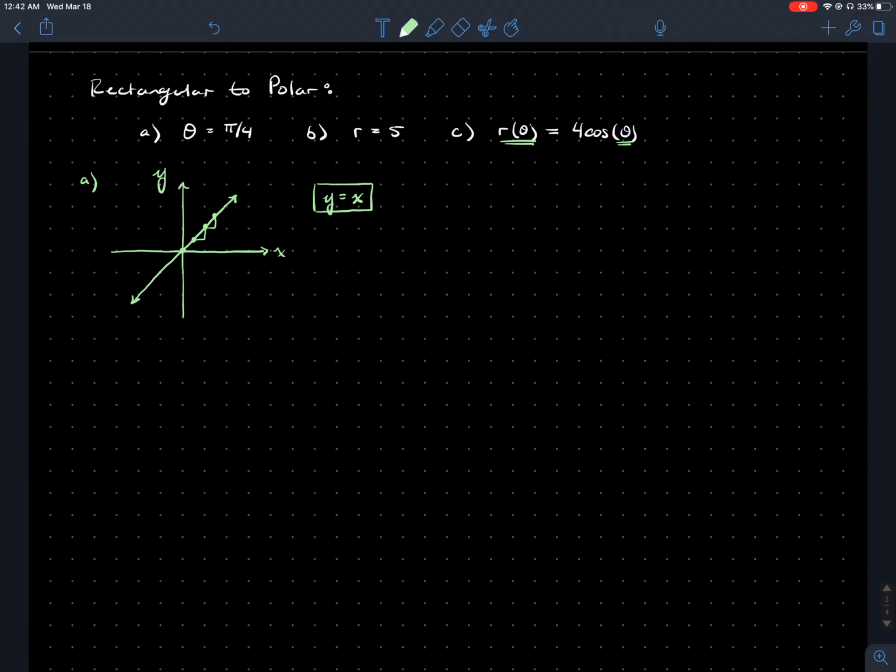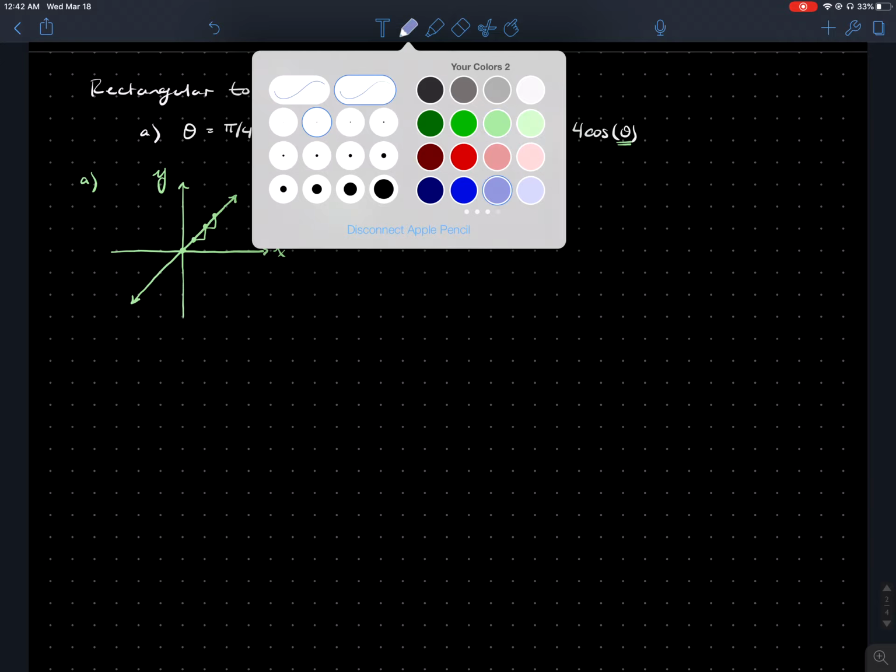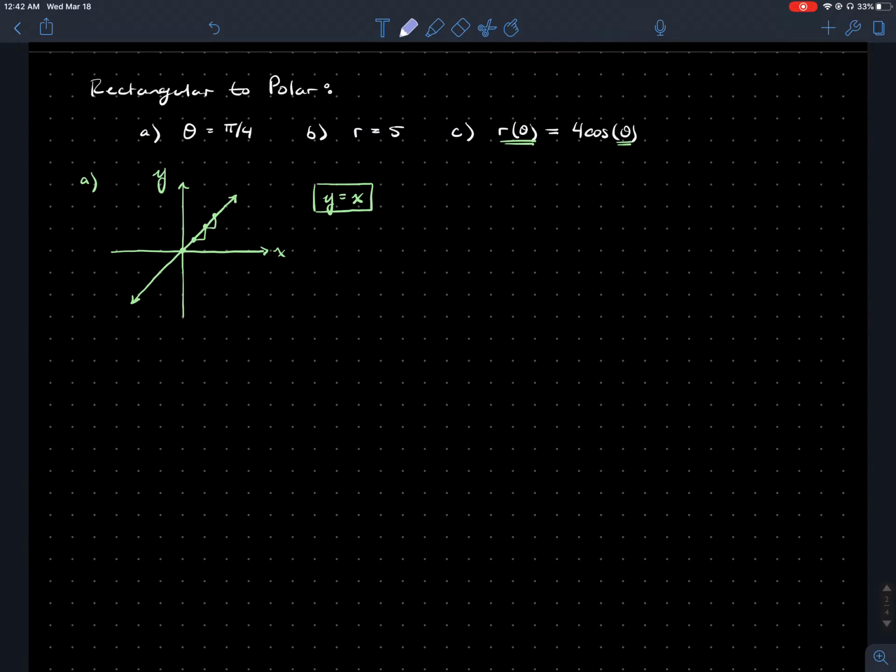Now, the other way that we can do it is we can actually use some information that we know. So let's change colors on this. We know tangent of theta is supposed to be equal to y over x, and we know theta is pi fourths, right?